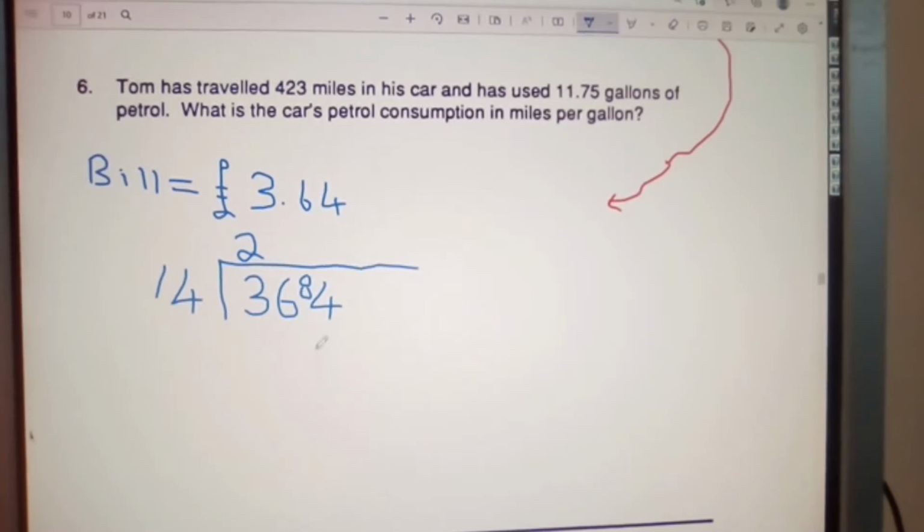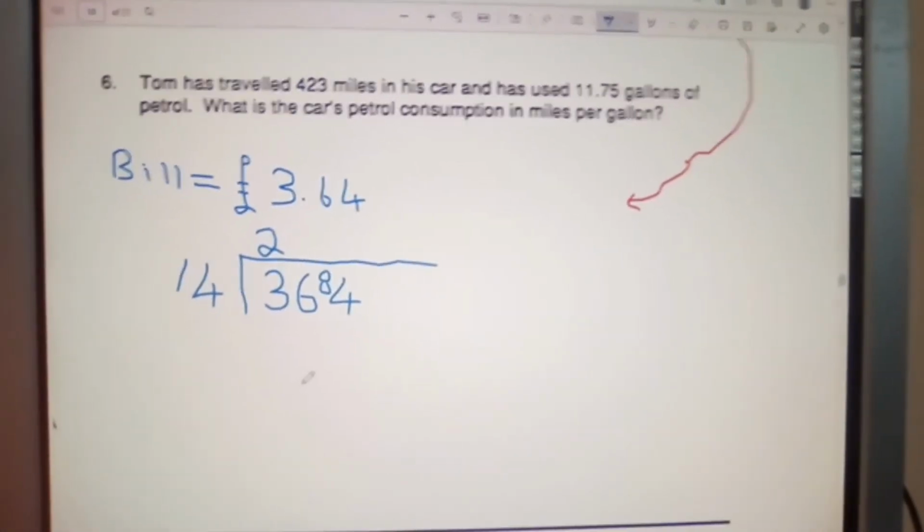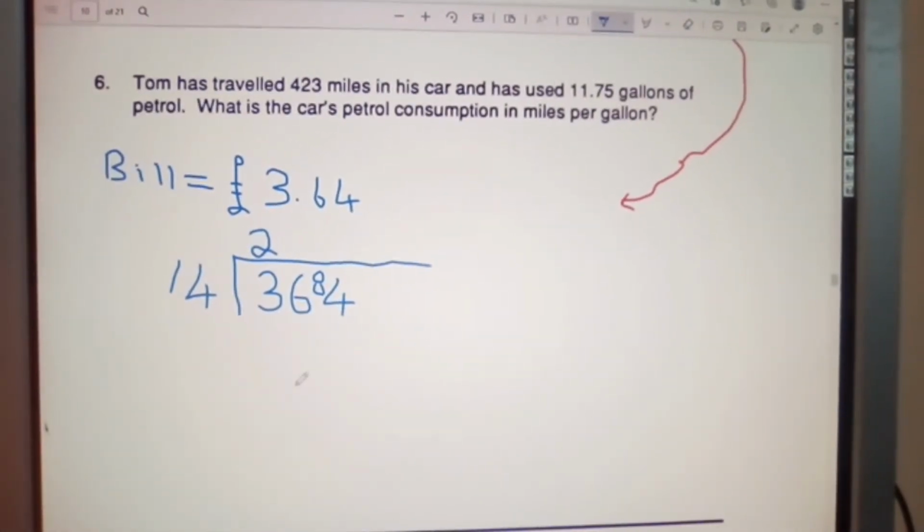Right. So 14 into 84 goes how many times? Come on, tell me.